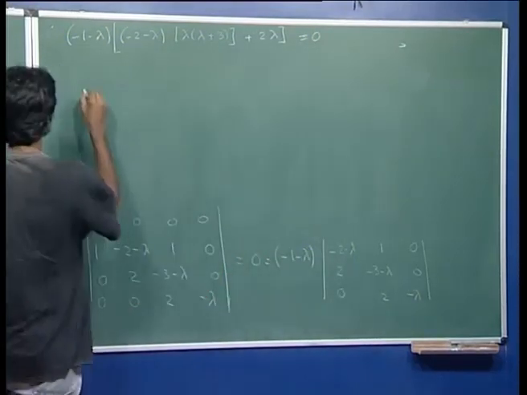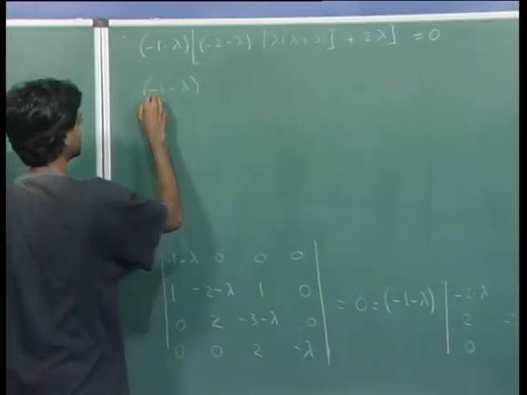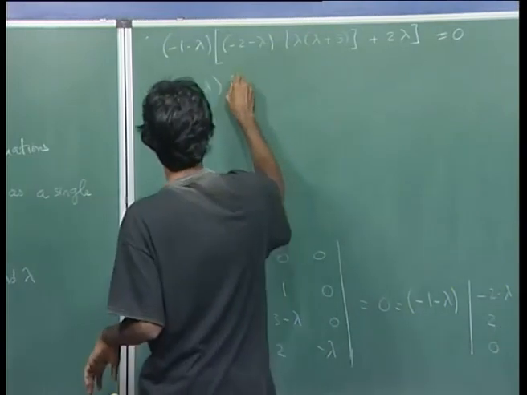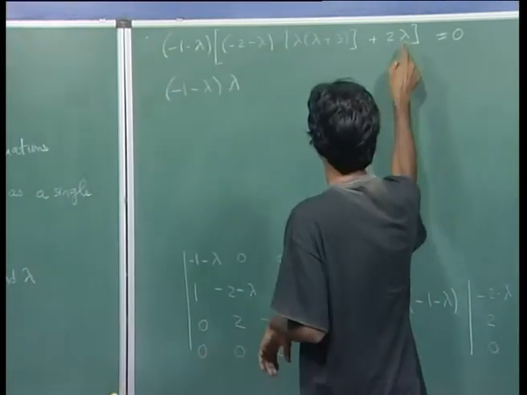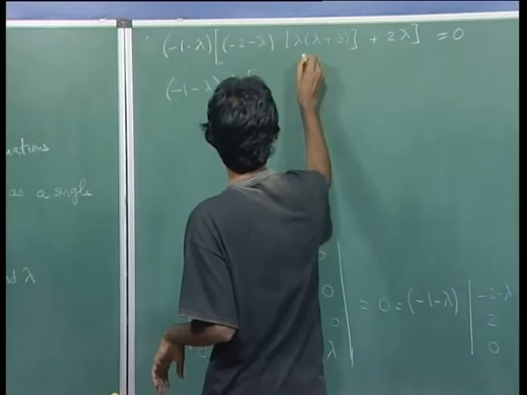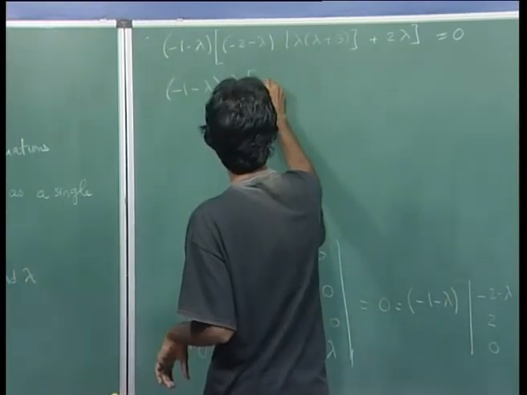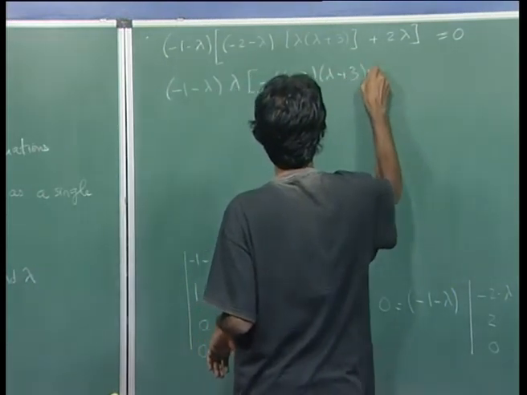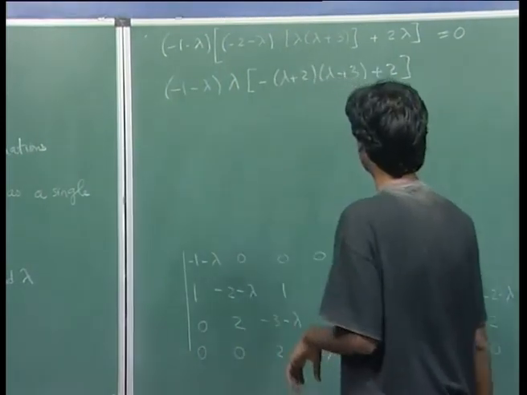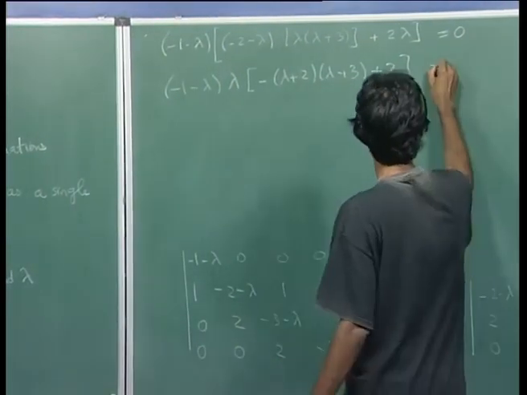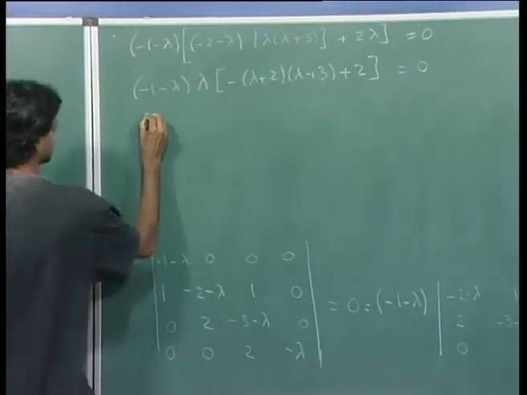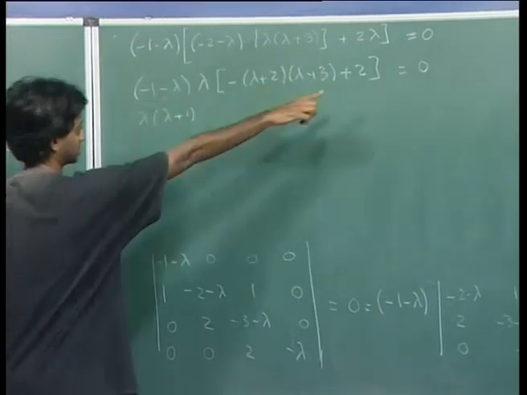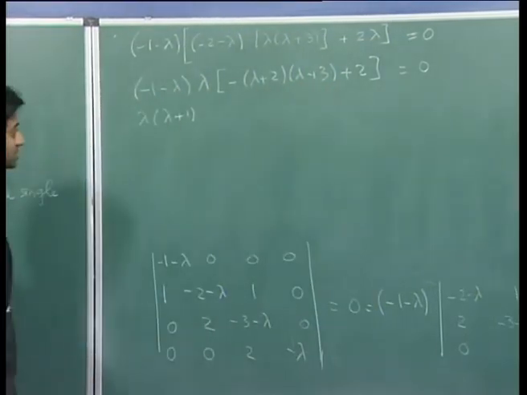So I can write this as minus 1 minus lambda, and then I notice that I can take a lambda common factor outside, and then what I am left with is minus of lambda plus 2 lambda plus 3 plus 2, equal to 0. I can always change this minus into plus, because multiplying by minus 1 there will still give me 0.